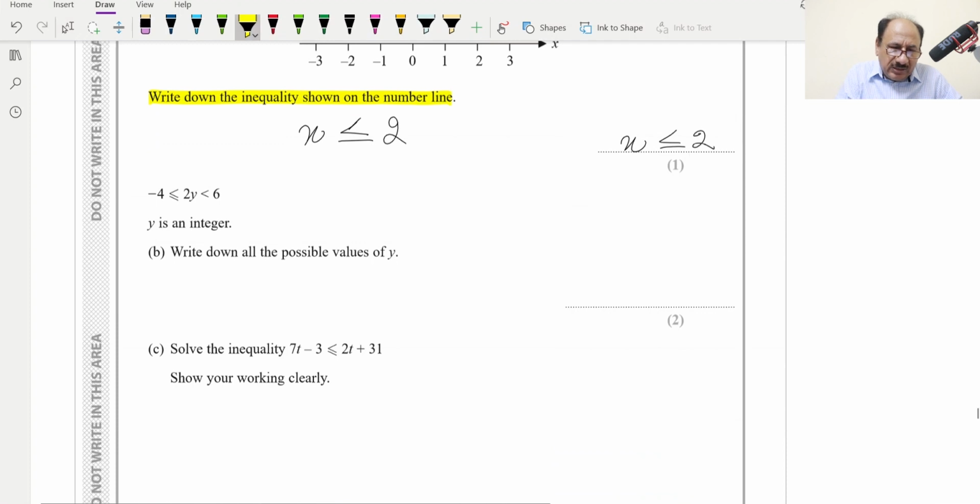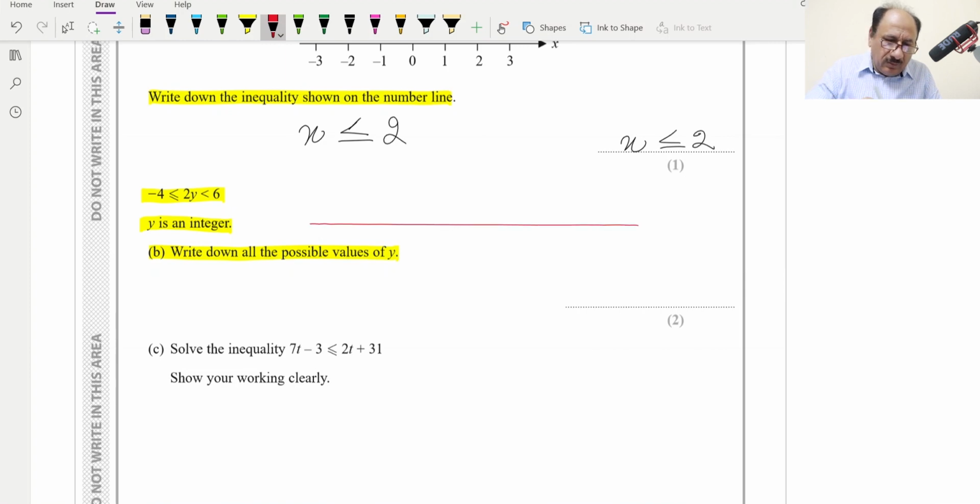Now this second inequality is provided. y is an integer, write down all the possible values of y. So if we draw the number line, we have to provide all the possible values of this one. So if we roughly draw a number line, so -4 is over here and say 6 is over here, so there are numbers in between, so those numbers are what? -4 is included like this one, and 6 is excluded, so in between this all numbers are there.